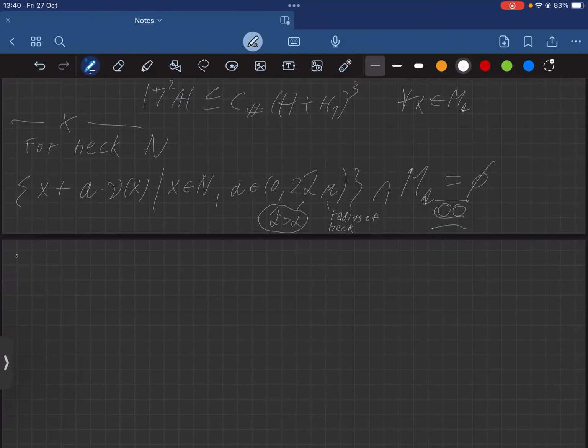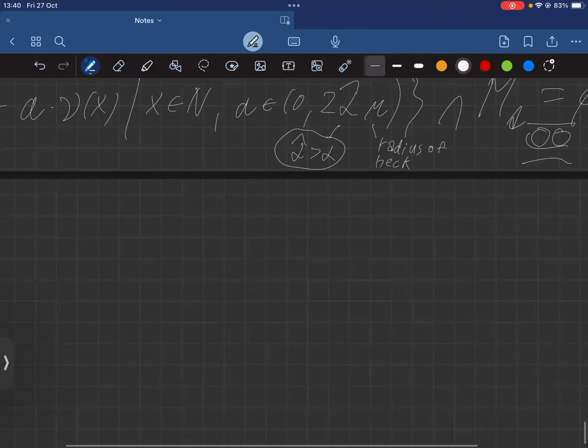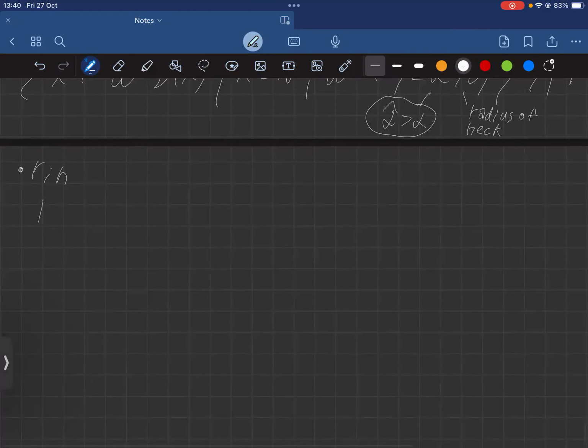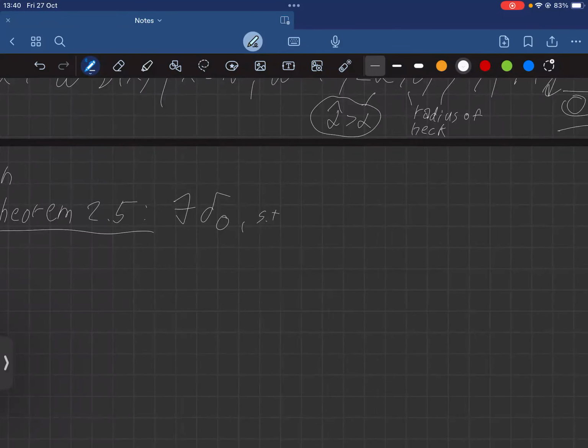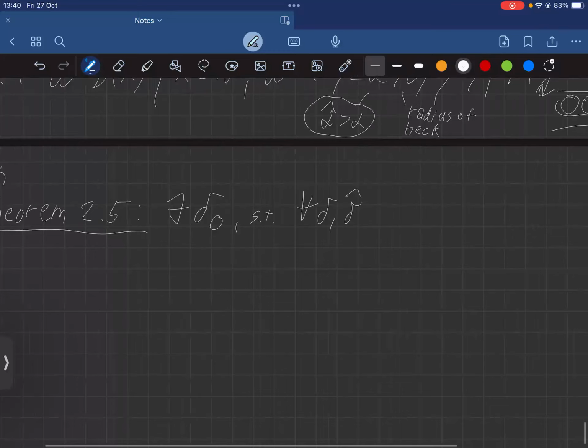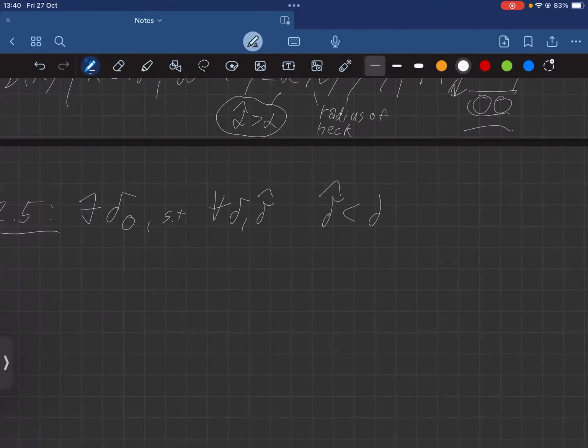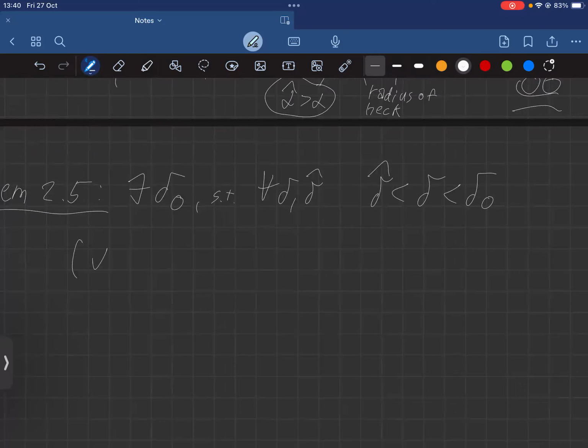And for the inscribed radius, I'm going to need theorem 2.5, which says that there exists delta 0 such that for each delta hat, such that they are in this ascending order, given alpha hat, delta hat, and epsilon, L, those are just parameters for the neck.